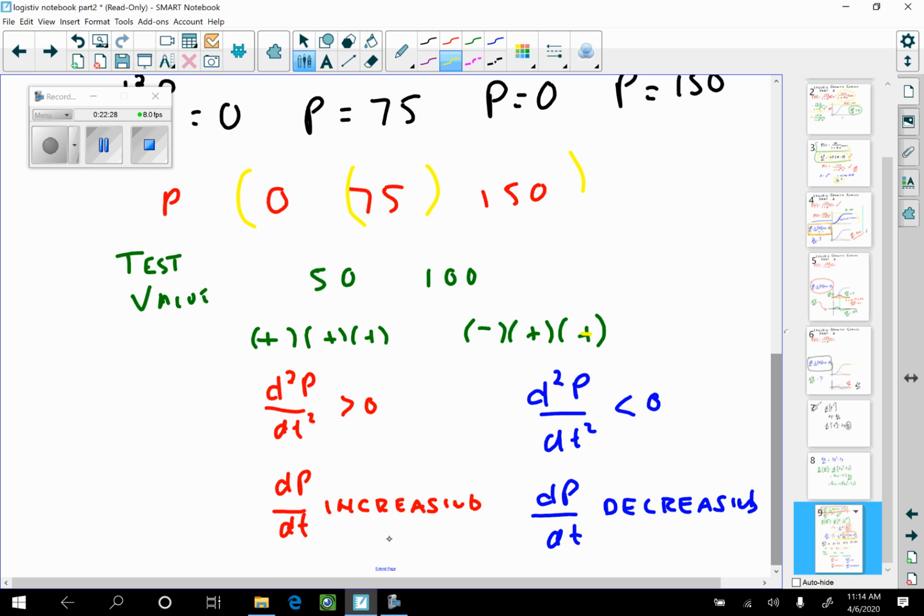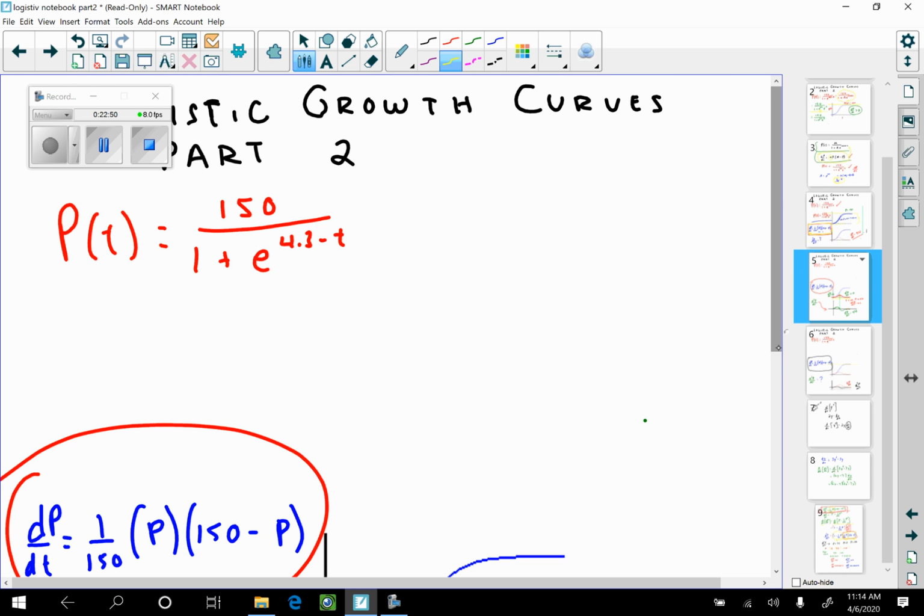So here dP/dt increases, then dP/dt decreases by the first derivative test of dP/dt. And at 75, the second derivative is going to go to 0. And this would be analysis of how I could come up with this graph right here.